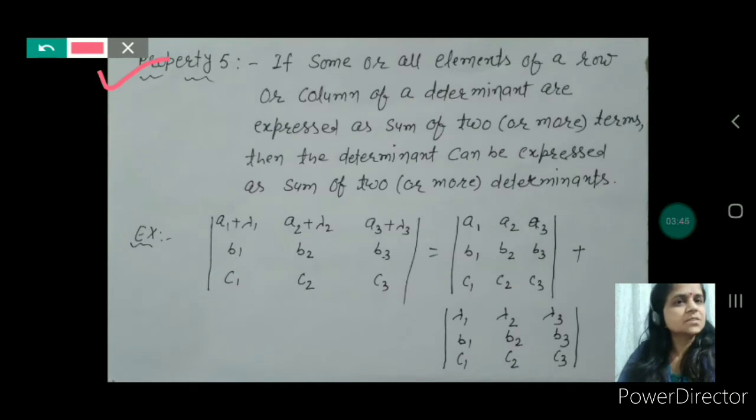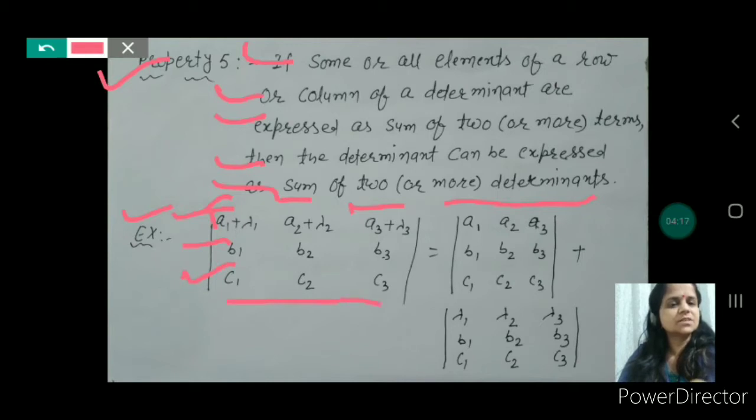Now, if all elements of a row or column of a determinant are expressed as a sum of two or more terms, then the determinant can be expressed as a sum of two determinants. Let's see an example. The first row has elements a1 + λ1, a2 + λ2, a3 + λ3, then b1, b2, b3 in the second row, and c1, c2, c3 in the third row.